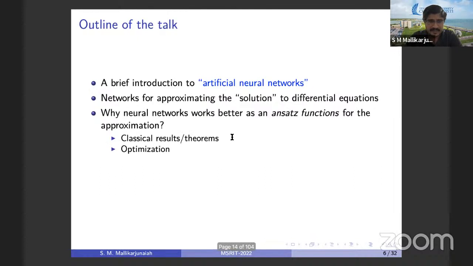Then I'll show you a few classical theorems that support the use of neural networks as approximators or approximating tools, and also a few brief things about optimization.